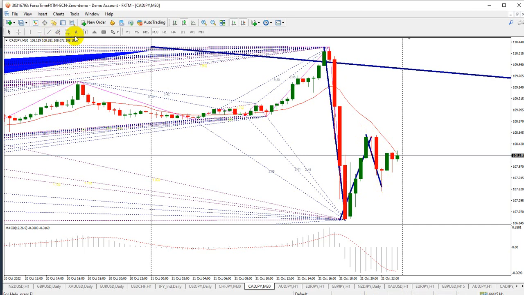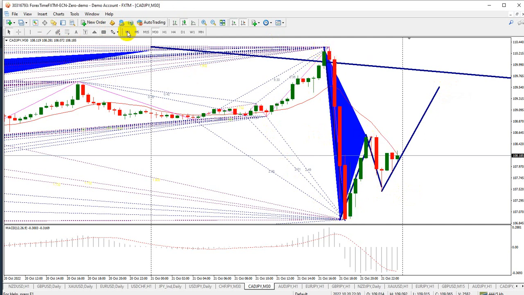We should expect a correction like this, and then we sell, which is the same. X, A, B, C, D. Once we get the D leg, of course we sell.